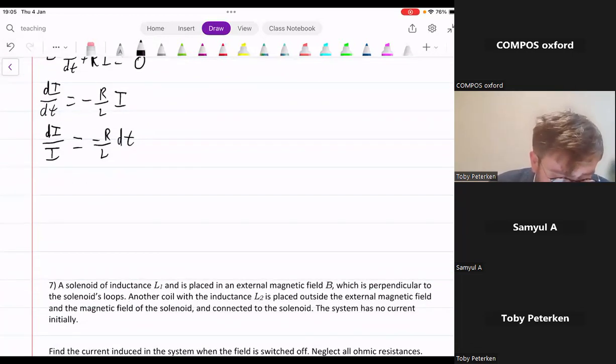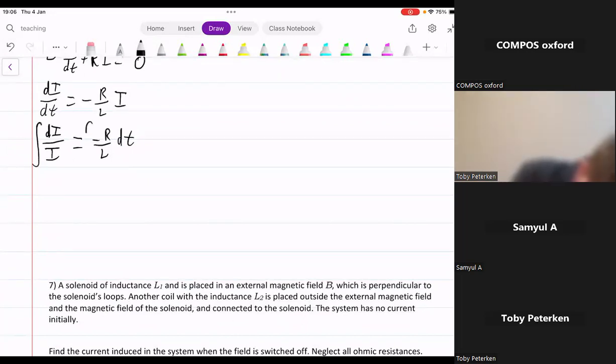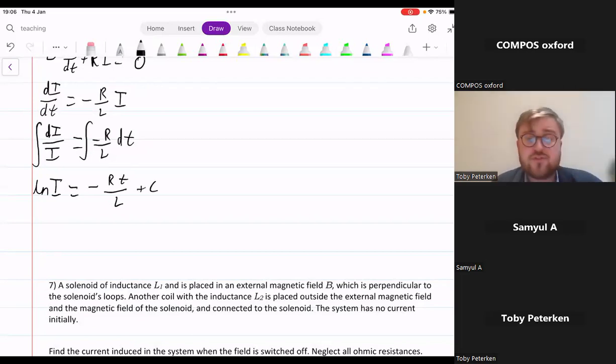And then we integrate both sides. So we have ln I equals minus Rt over L plus a constant.